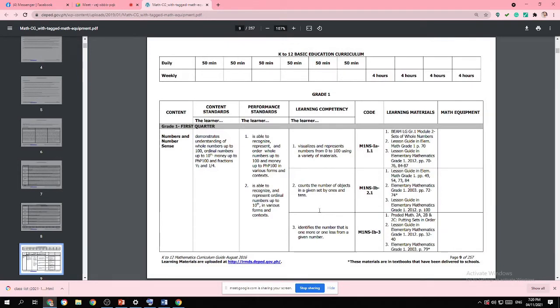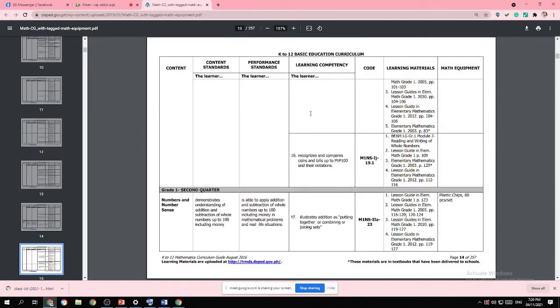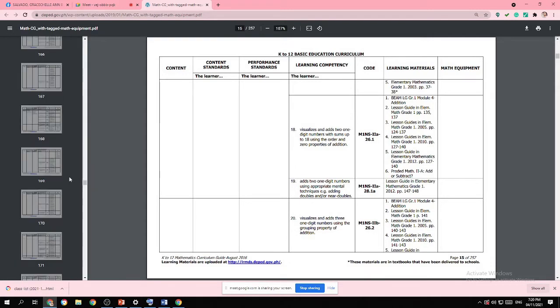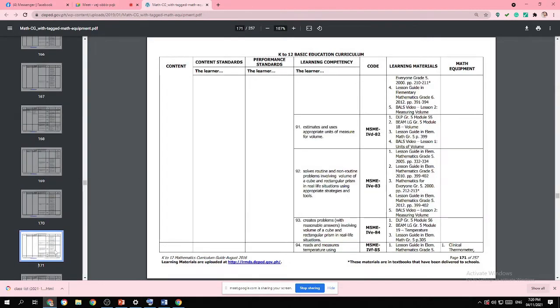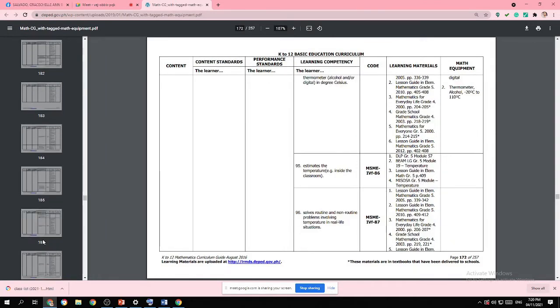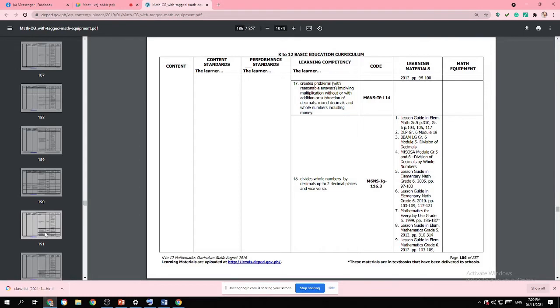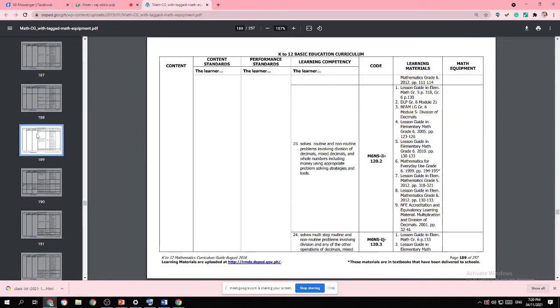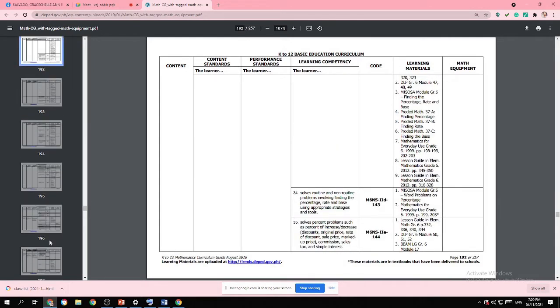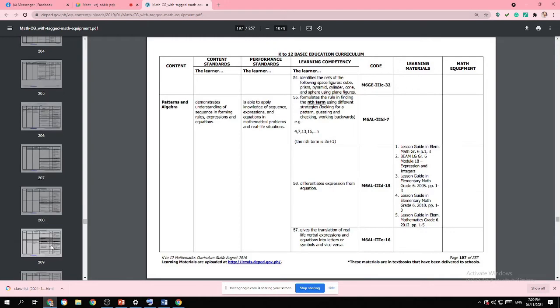Another thing is that, as you can see, this is now the curriculum guide. So let me shift to grade 7 so we can readily see the high school curriculum. Okay, that's grade 6. Still in grade 6.